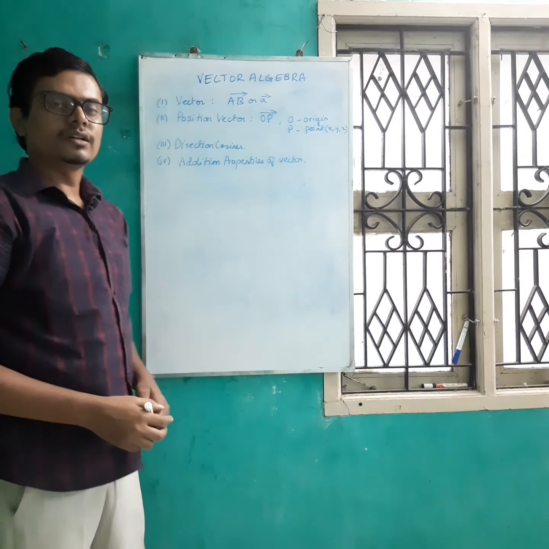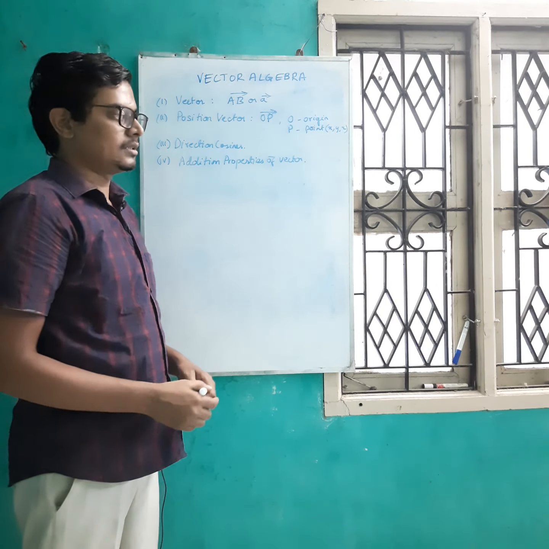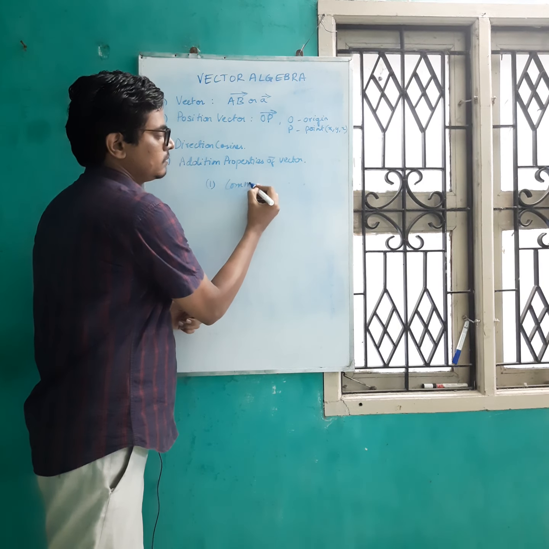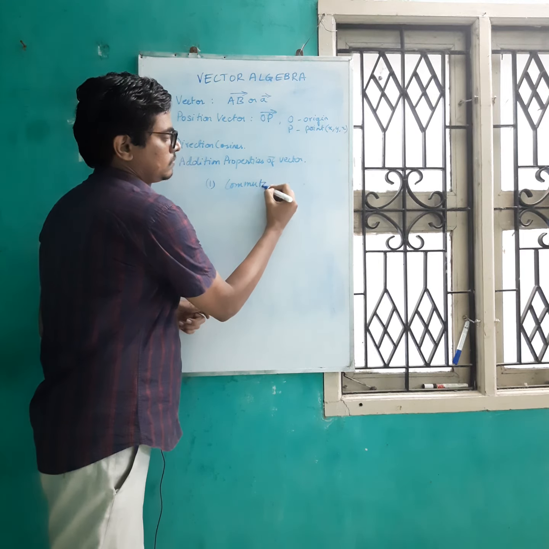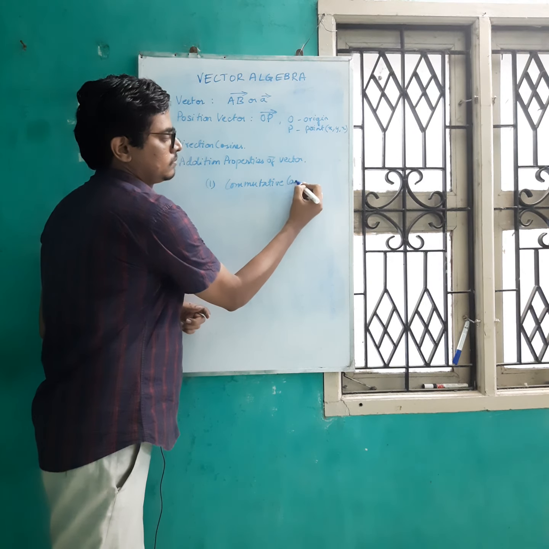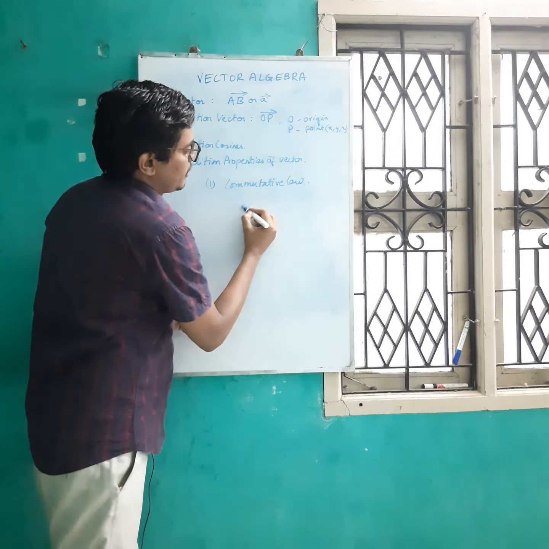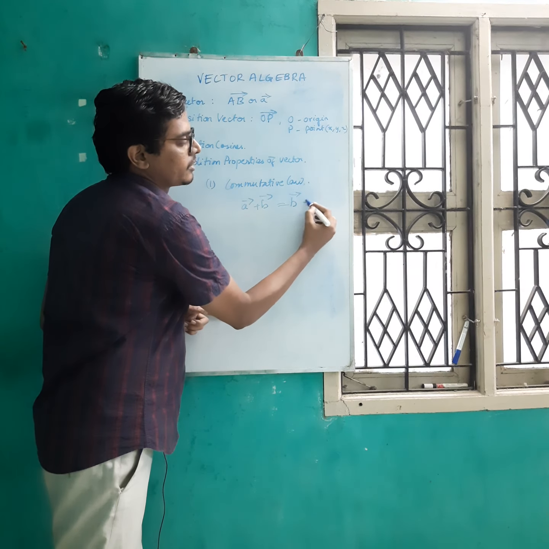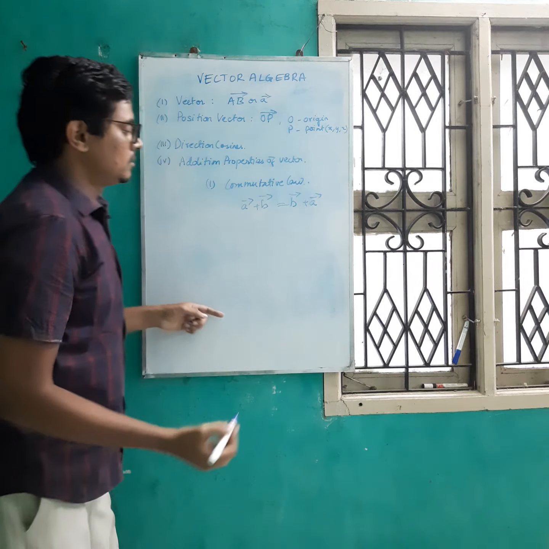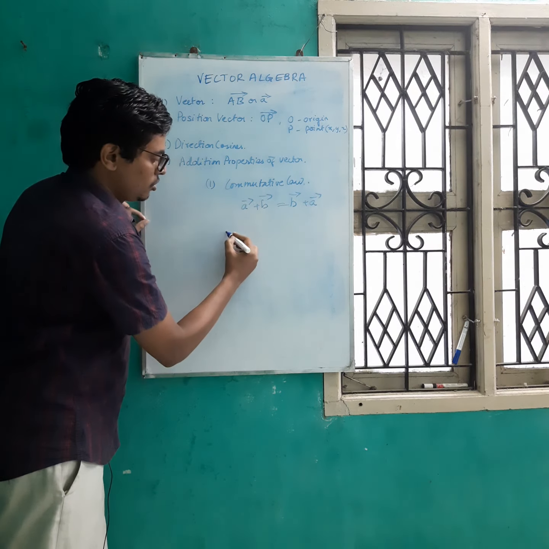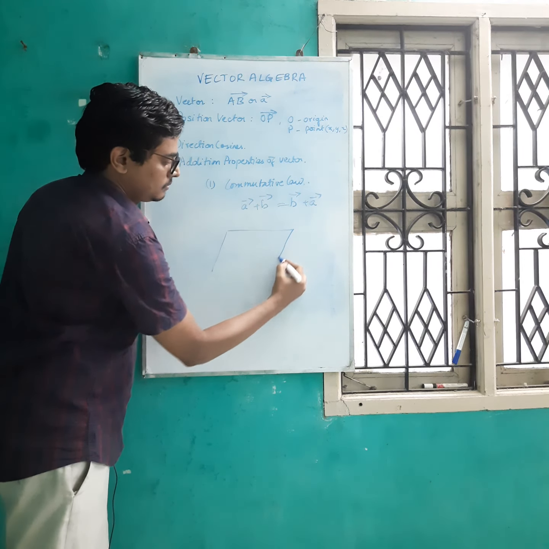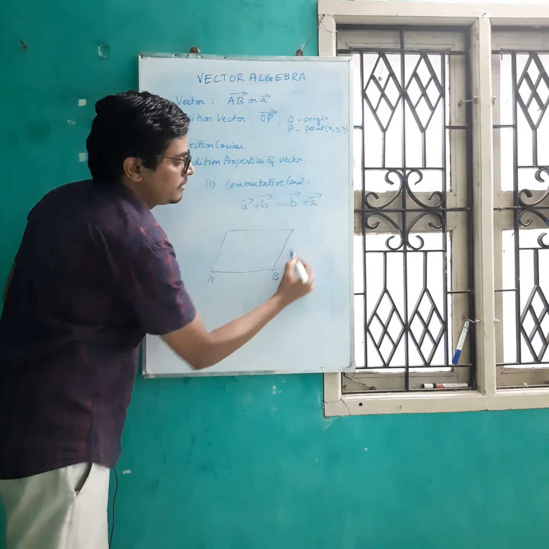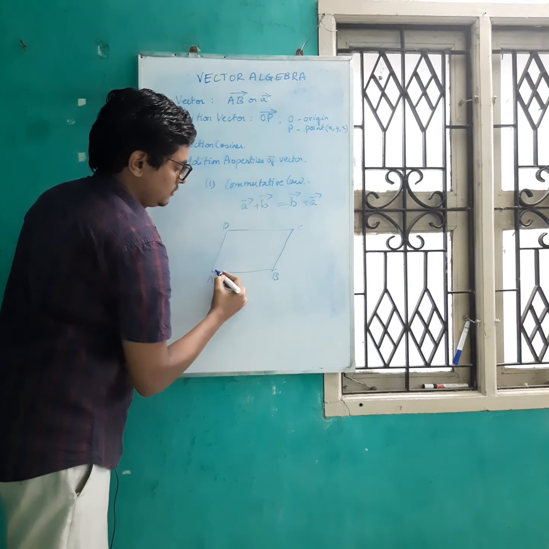Now addition of vectors follow certain rules, like firstly it follows commutative law. That is, A vector plus B vector can be written as B vector plus A vector. Example, if you take a parallelogram ABCD.